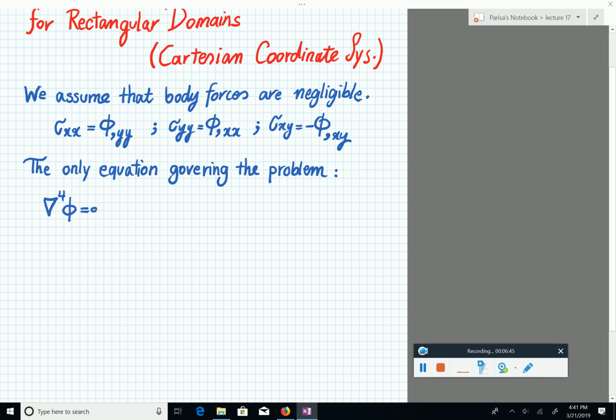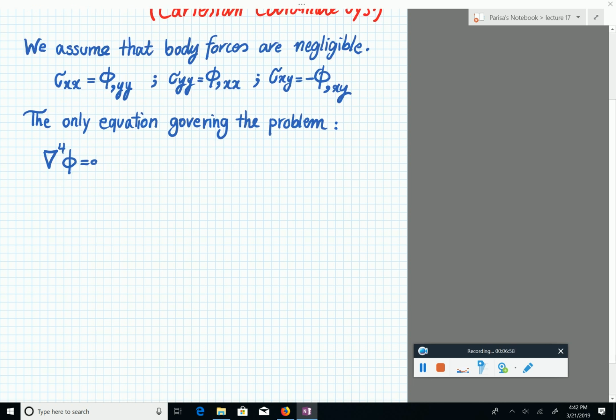Try to see if you remember what this differential operator is actually. How do you expand it? Try to write it from memory. And I write it without talking, and then you can check. So in Cartesian coordinate systems, x and y.